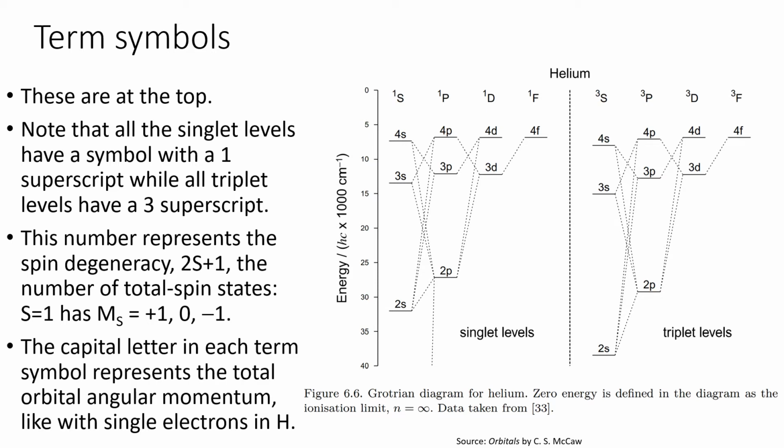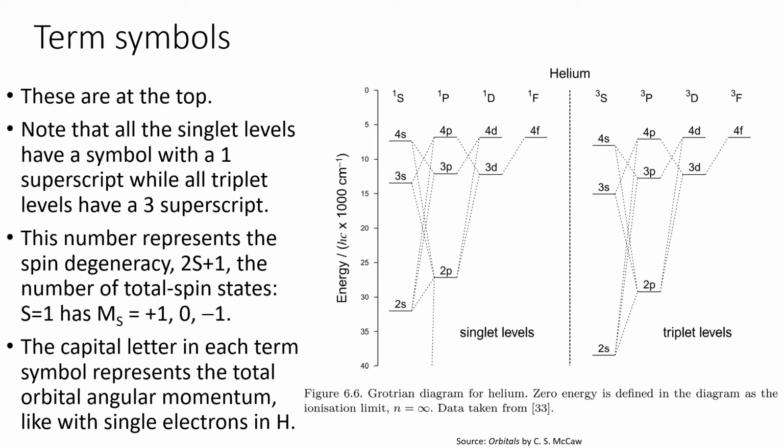And then one thing to bear in mind is that the capital letter there, as we mentioned before with the p6 full subshell, the capital letters denote the multi-electron state. But of course, in both of these pictures, of the 2 electrons in helium, one of the electrons remains in the 1s orbital, which is not shown, and it's the second electron which is excited up to one of these higher levels.